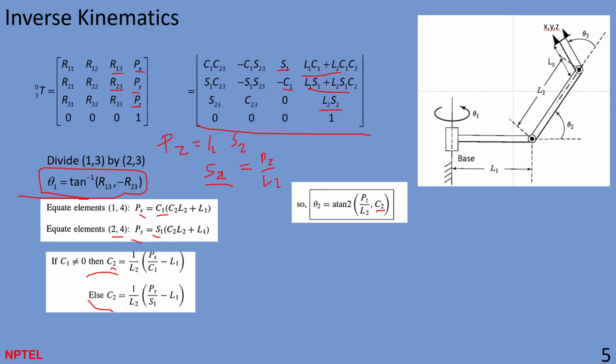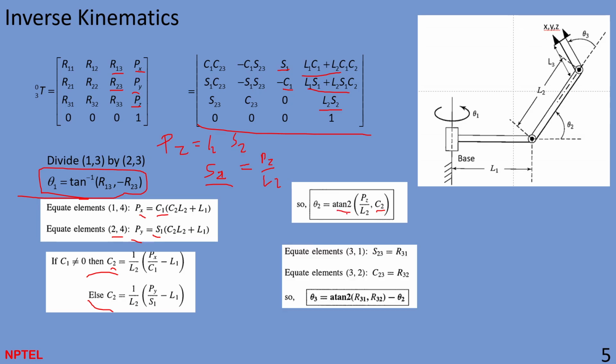So s2 by c2 is tan theta 2, and when you take tan to the other side, it's tan inverse, get theta 2. And for theta 3, you just need to equate c1 and c2 in this part.